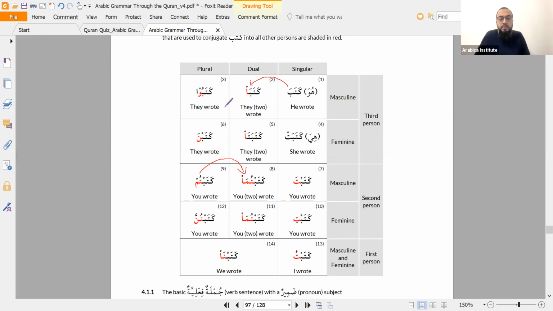So all of these are different persons, singular, duals, and plurals. Masculine, feminine, and the first persons are the same for the masculine and feminine. So for all of these different persons, we conjugate the verb. So the verb is conjugated in the duals and the plurals in the third person, and in all of the other cases it's conjugated by attaching a pronoun.